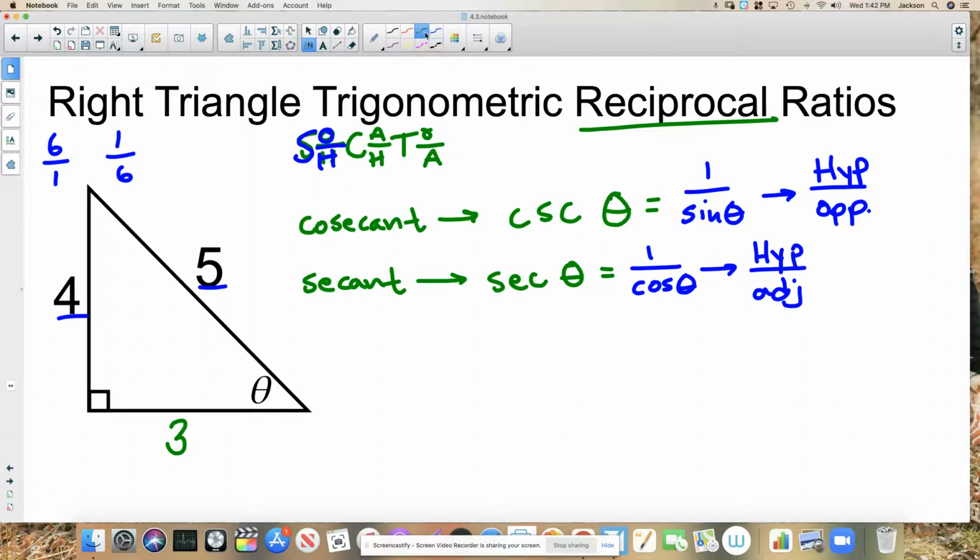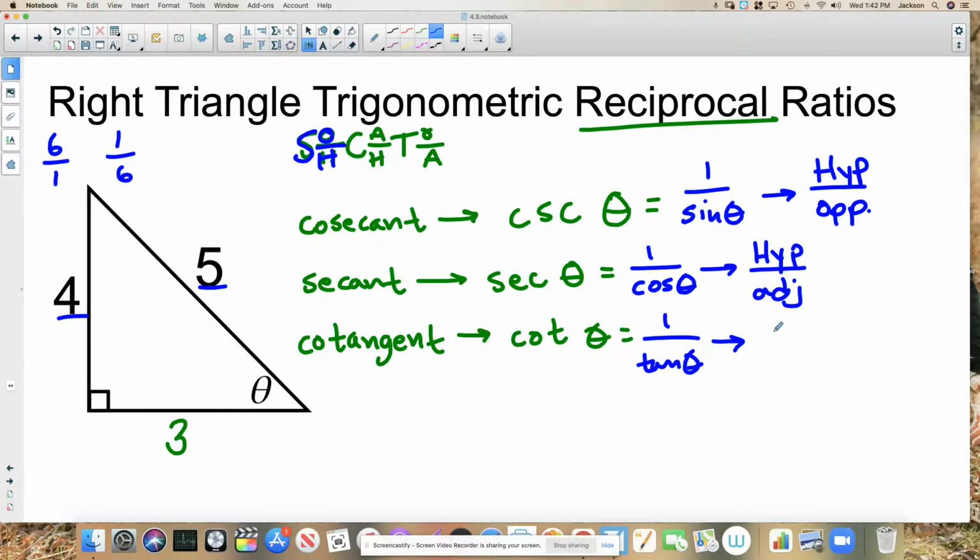And then last but not least, we have a reciprocal for tangent. The reciprocal for tangent is cotangent, abbreviated COT of theta, and that would be 1 over the tangent, or when we're talking about right triangles, the adjacent side over the opposite side.